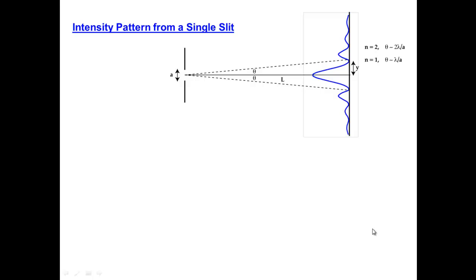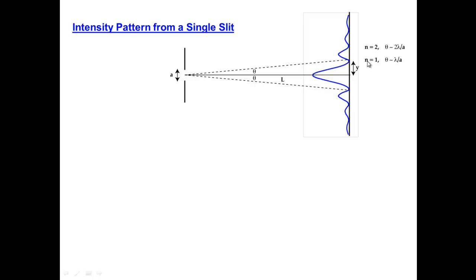Well, if we consider the intensity pattern for the single slit, you'll see it here in the blue graph. It shows a maximum intensity at exactly theta equals 0. It makes sense that that should be the brightest spot. And then we'll see the locations of these different minima as we go upwards and then downwards from the central maximum. So n equals 1, n equals 2, and so on. Those are the locations of minimum intensity for the waves.